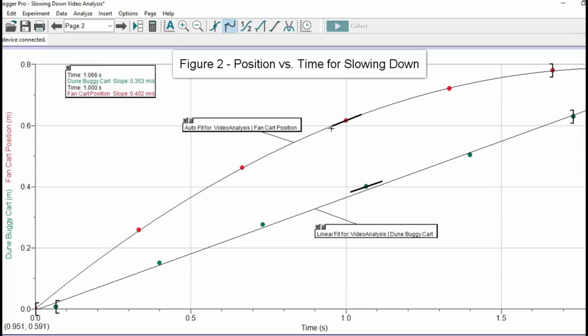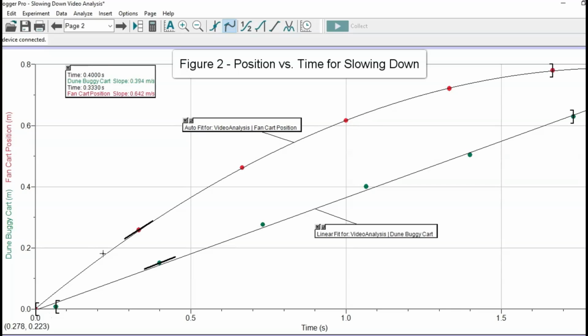When we go to the next time point, it slowed down to 0.402. And when we get to the next time data point, it slowed down to 0.295, and it is now going slower than the dune buggy. And at our last data point, it slowed down even more to 0.225 meters per second.